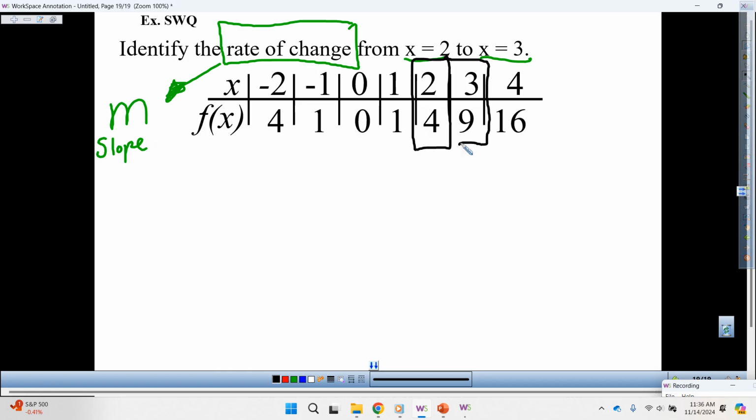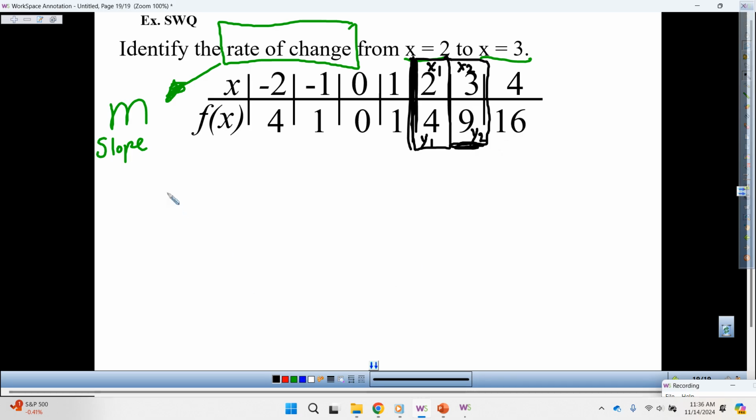Box those. And if we read it from left to right, which one came first? The 2, is that correct? So you're going to label this one x sub 1, which means this one is what? X sub 2. That is correct. So this one came first with the x, so this is our y sub 1, and this one is our y sub 2.